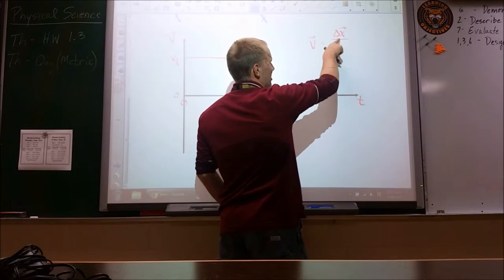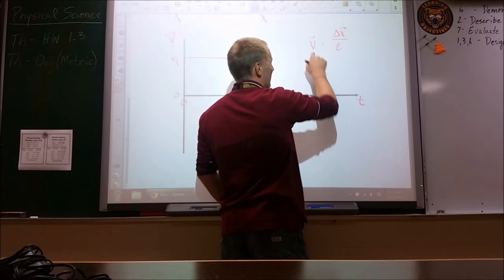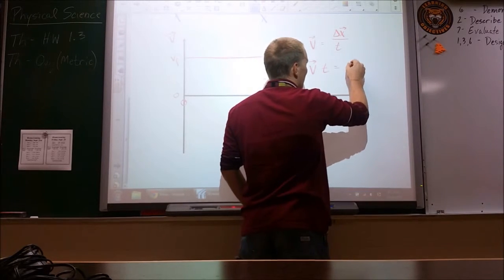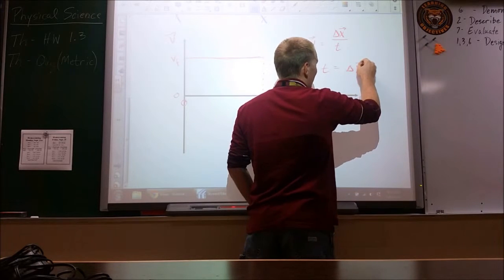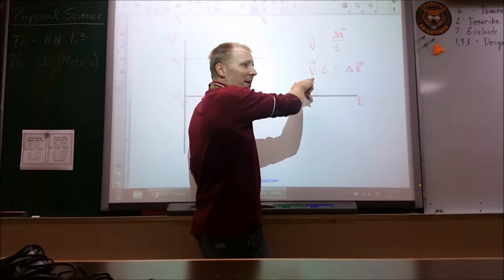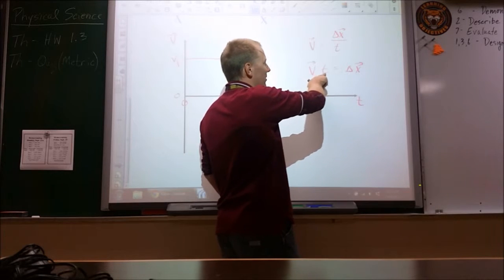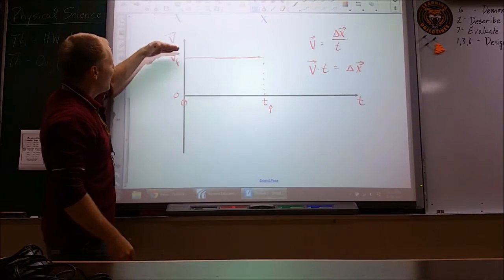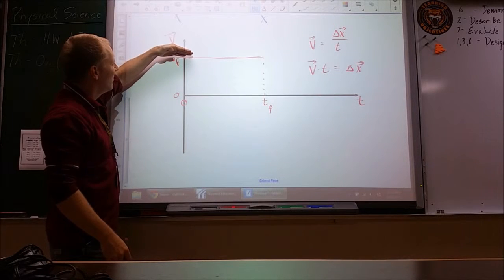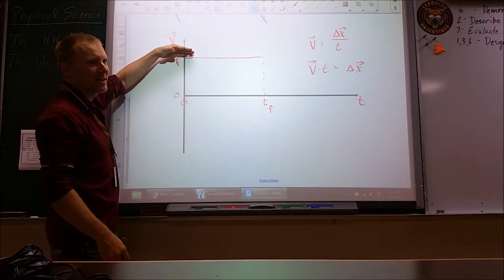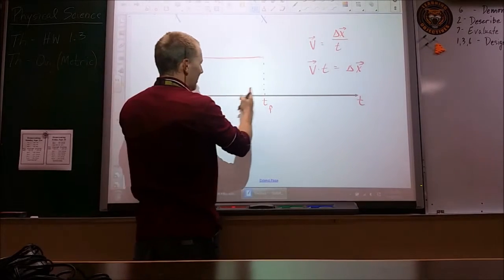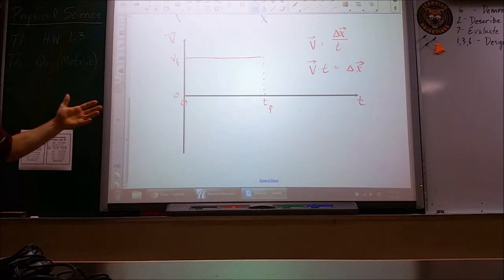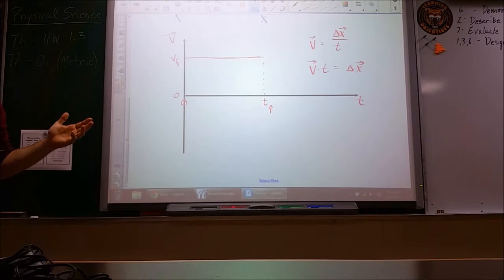And if I want that change in position, I can just multiply both sides by t, and I get my displacement by multiplying my constant velocity by the time elapsed. Well, what happens if I multiply my constant velocity here by the amount of time elapsed? What do I get that's as it relates to my graph? What does that tell me about my graph that I've drawn?